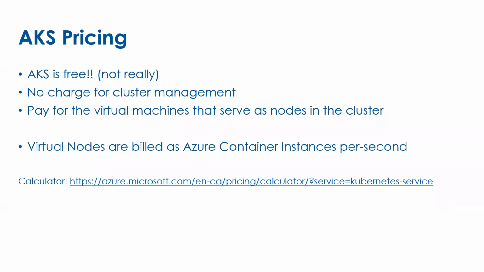Again, every architectural decision is different and pricing can fluctuate, but that's kind of how they differentiate things between the classic, you manage the virtual machines, versus just allowing Azure to manage the virtual nodes.